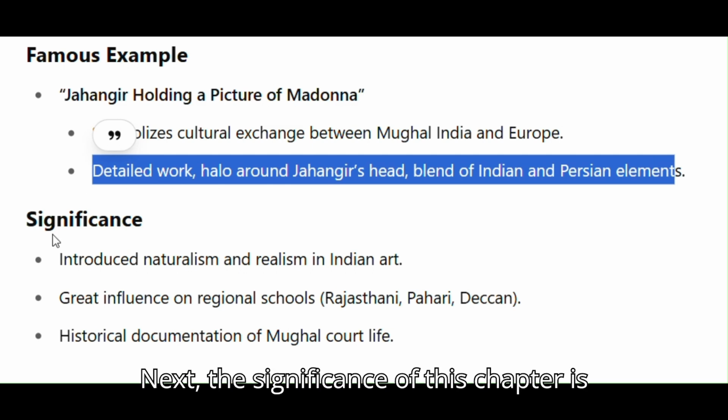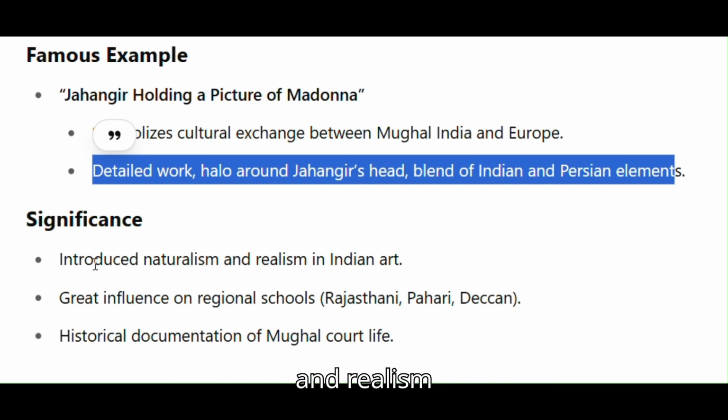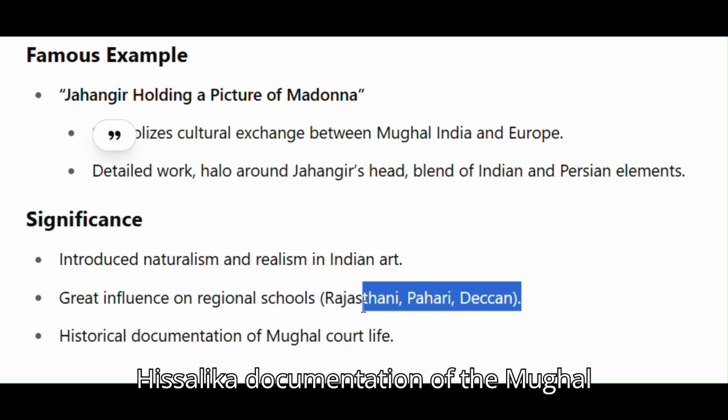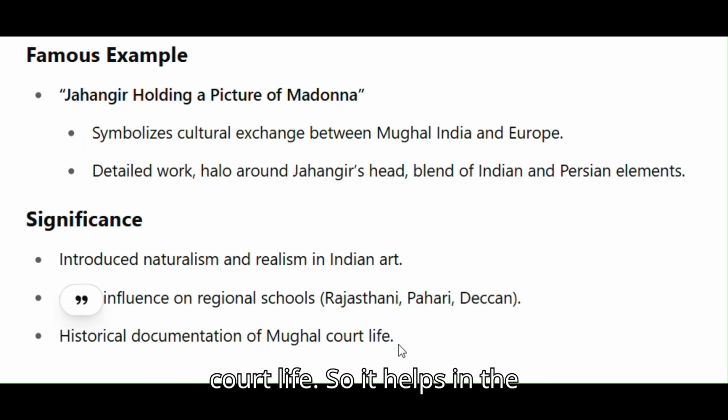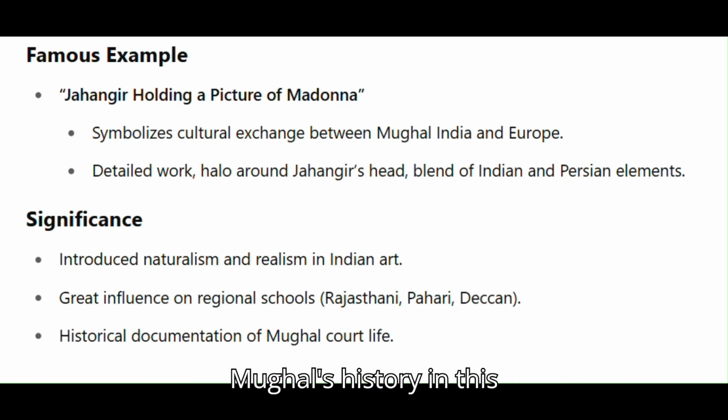Next, the significance of the chapter is to introduce nationalism and realism in Indian art and great influence on regional schools of Rajasthani, Pahari, Deccan. Next is the historical documentation of the Mughal court life. It helps in understanding Mughal life and history in this society.